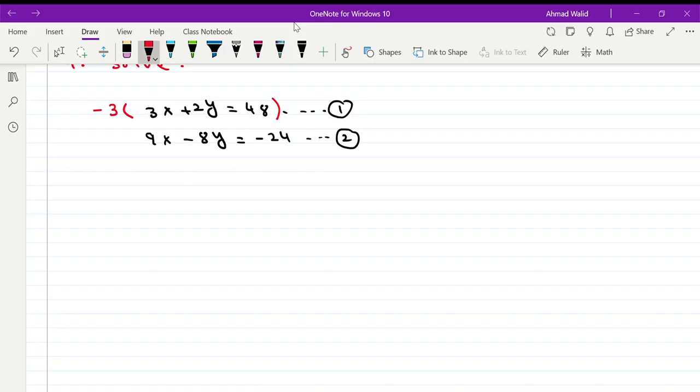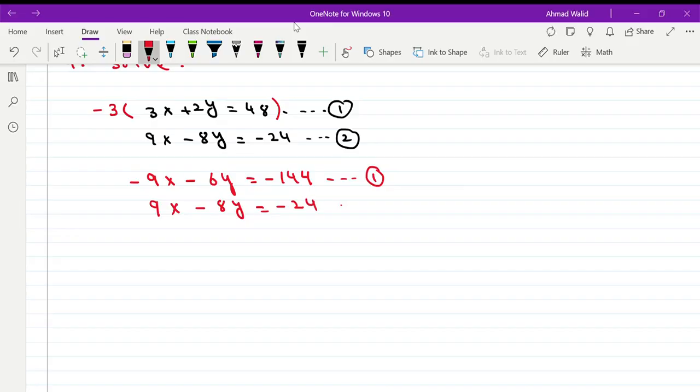Negative 3 times 3x gives you negative 9x. Negative 3 times 2y gives you negative 6y. Equals negative 3 times 48, which gives you negative 144. This is equation number 1. Copy equation number 2 under that: 9x minus 8y equals negative 24.